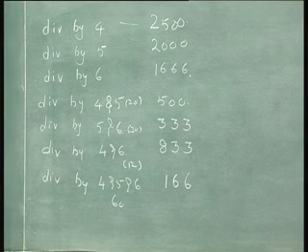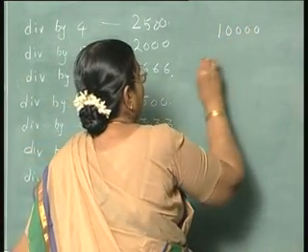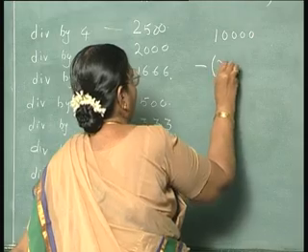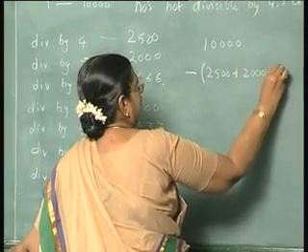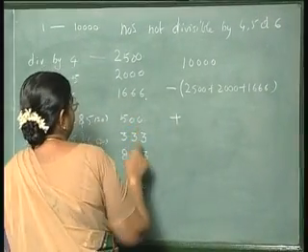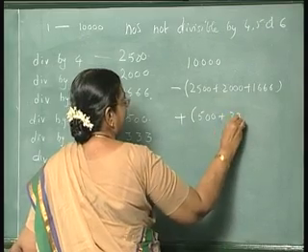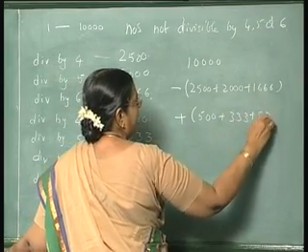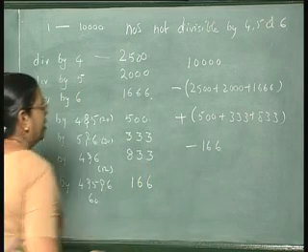So, for the numbers not divisible by 4, 5, 6, from 10,000 you have to subtract the sum of 2,500 plus 2,000 plus 1666, but add these 3, that is 500 plus 333 plus 833, and then again subtract 166.